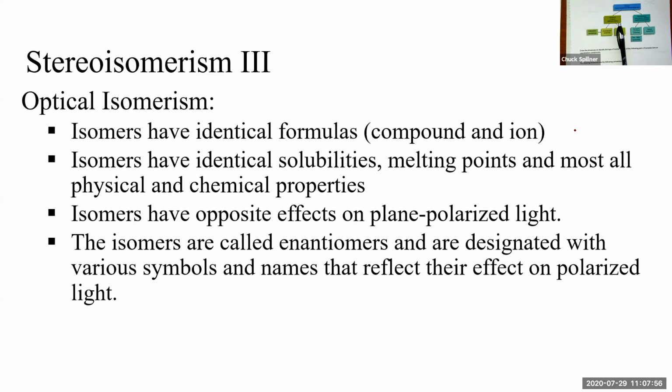An enantiomer is a pair of optical isomers. I said there's lots of ways to designate these optical isomers. So it's not as simple as the FAC and the MER or the cis and the trans. For some reason, there isn't just a single way to distinguish; I guess there hasn't been a standard established.